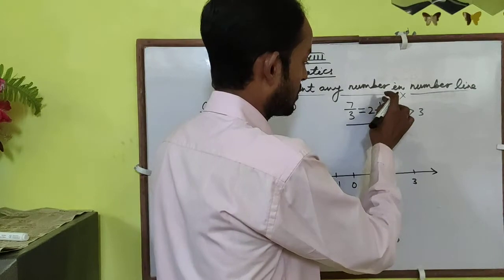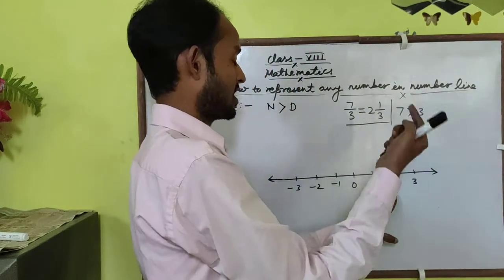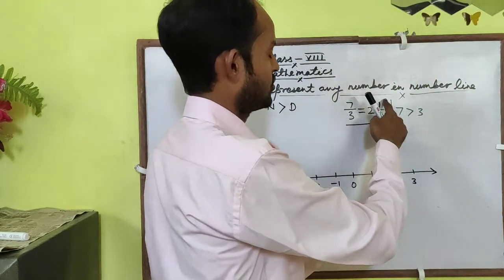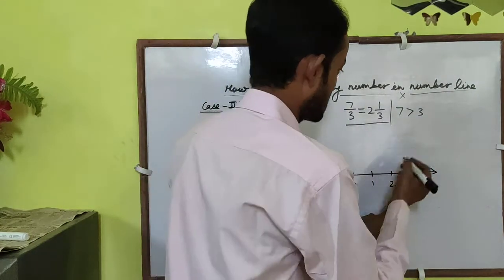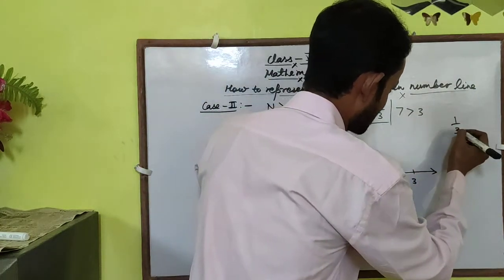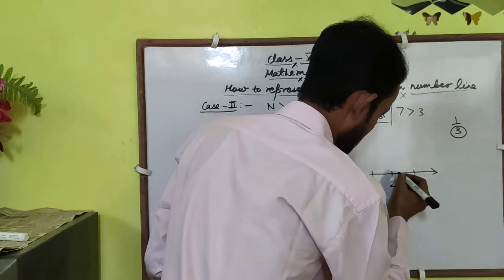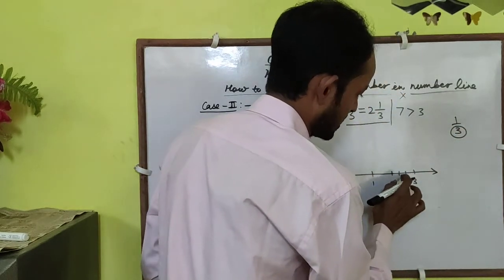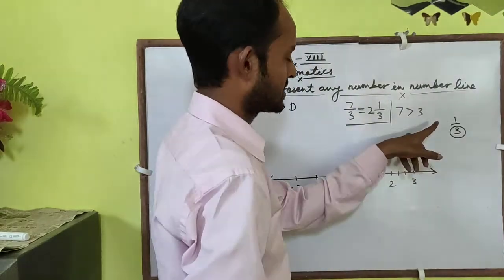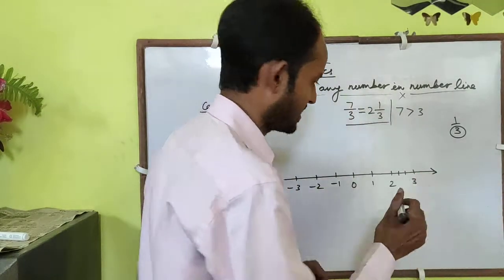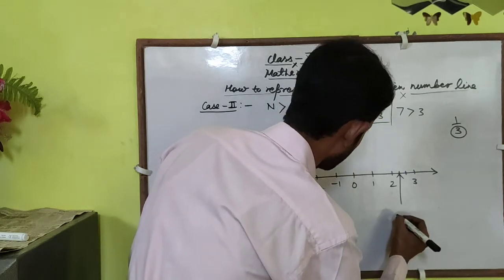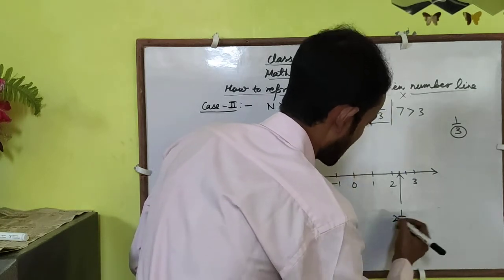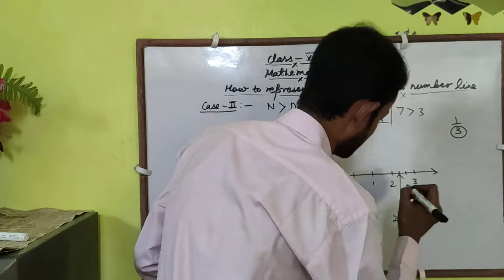We represent 1 by 3 as in case first, when the numerator is less than the denominator. The denominator says we have to divide into 3 equal parts, 1, 2, 3, and of these we take only 1. It means we take this part. This is 2 whole 1 by 3, or simply 7 by 3.